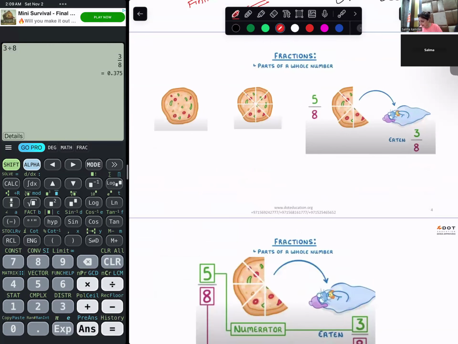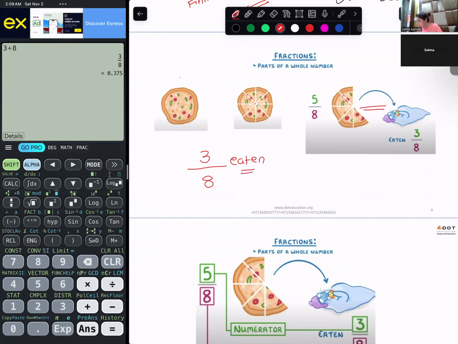So if I say I have a pizza and I divide it into 8 parts, so it would be divided by 8. If somebody eats 3 parts of it and I want to write the fraction of the eaten parts, 3 by 8 becomes a fraction of the eaten part, and the fraction of the pizza that is remaining with us would be 5 by 8.